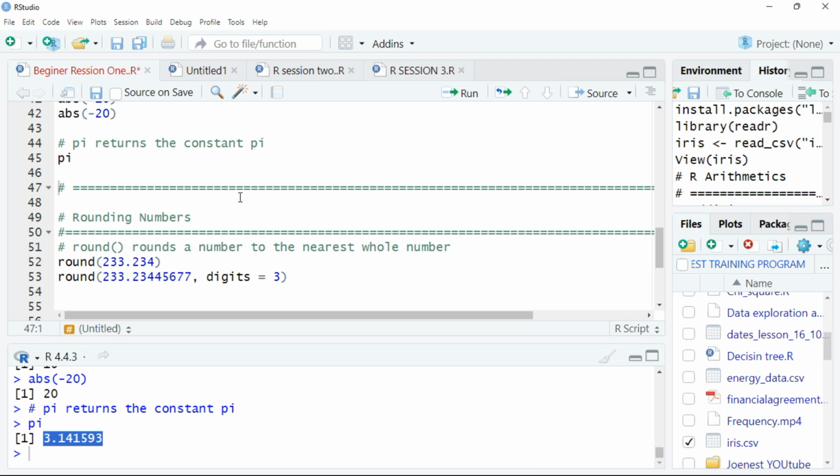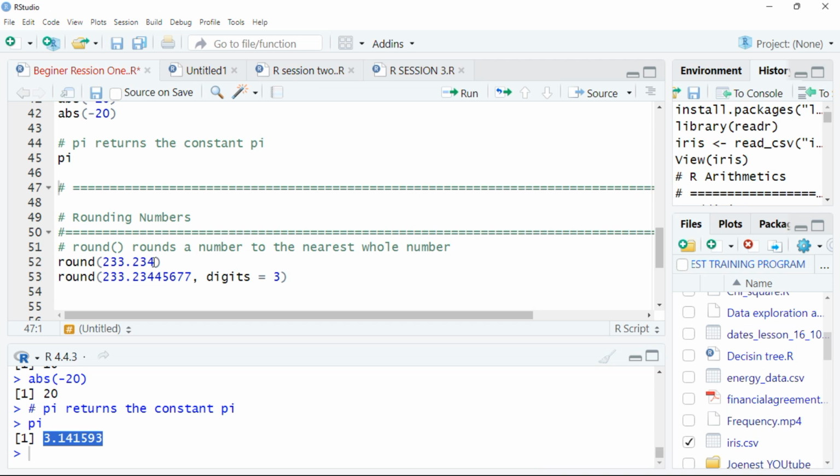So let's use the ROUND function. For the ROUND function, we just put in our argument, 233.234. Here we didn't specify any digit, so it is going to round to the nearest place.